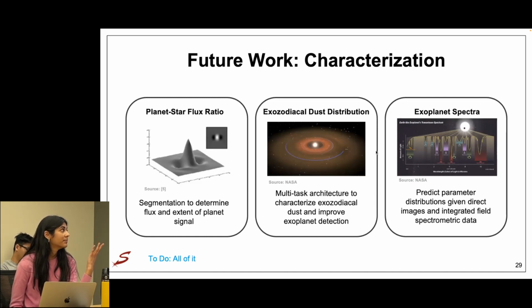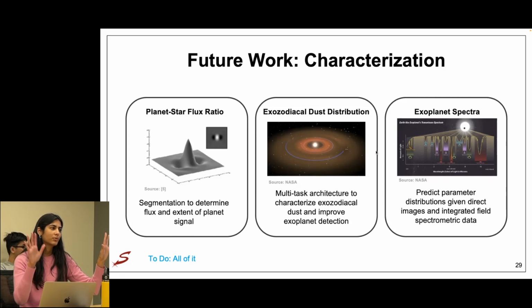The other characterization is exozodiacal dust, which is not directly the exoplanet itself, but could help us with our exoplanet detection because it is one of the primary sources of noise. So if we use a multitask architecture to characterize the exozodiacal dust, that when used in conjunction with a detection head for exoplanets, could help improve the training process for both of those.